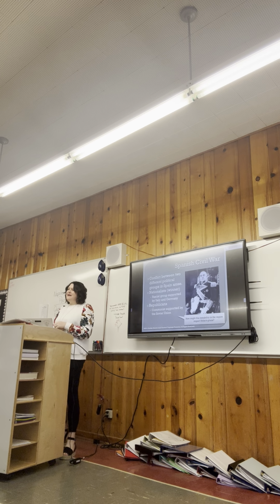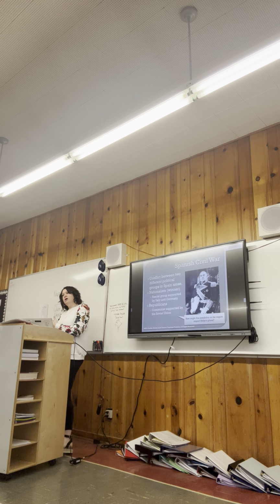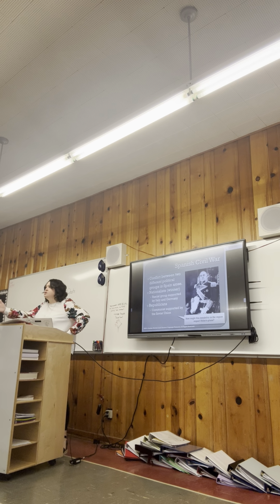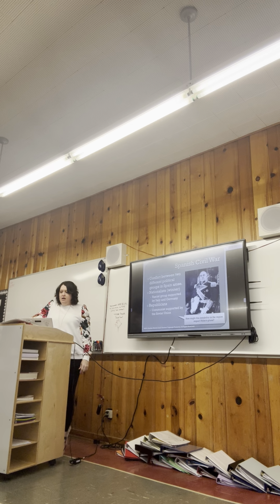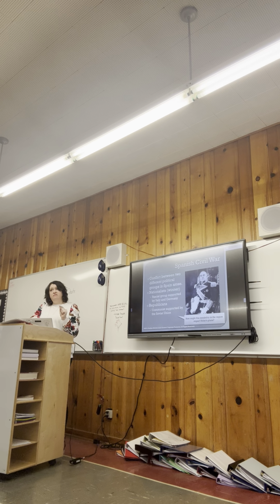All right, the Spanish Civil War, another cause. All these things are adding up, okay? The conflict between two different political groups in Spain arose, the Nationalists and the Republicans. The Nationalists, who won the fight, were a fascist group supported by Italy and Germany. Do you think that that's maybe why they won?